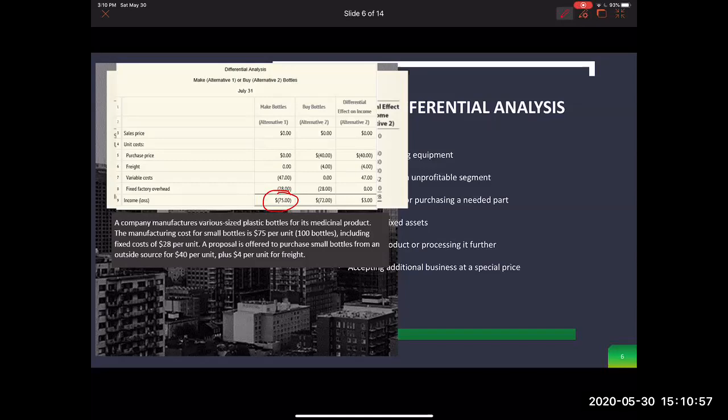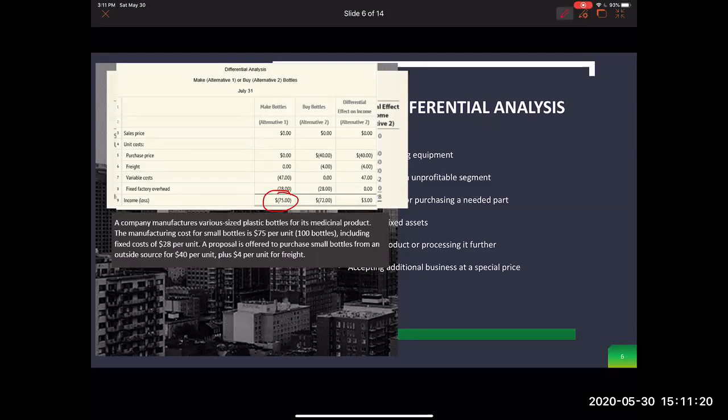Again, they didn't tell you necessarily what the variable cost is, but they told you what the overall cost was and what portion of that was fixed. So you can back into the number. Remember, no matter if you make or buy the bottle, the fixed factory overhead will always remain the same between the two alternatives.